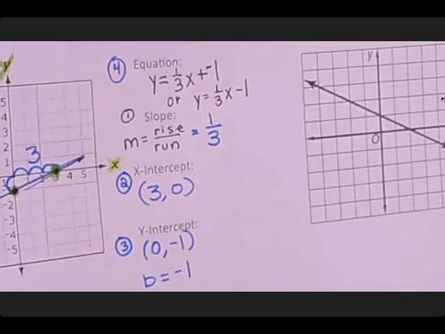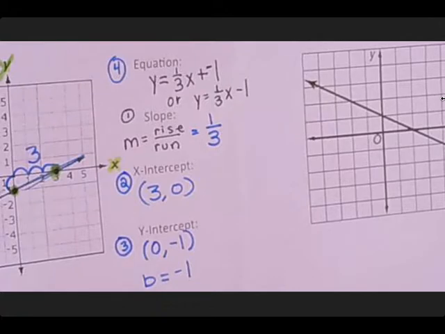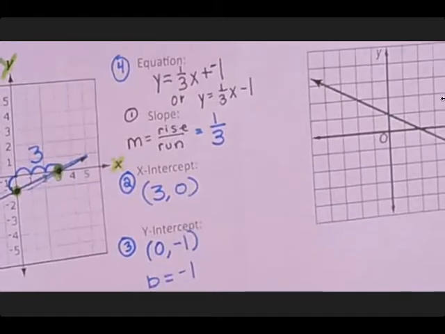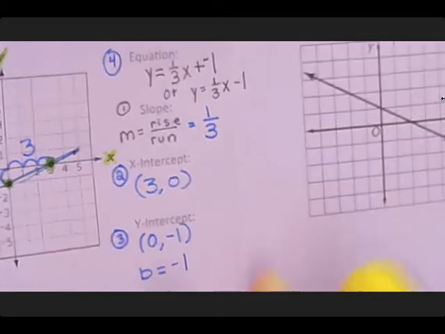How can we check and make sure we did it right? How can we check to make sure we did this right? Plug it in the graph. Y equals, so get your calculator out. We're going to double check and make sure we did it right.